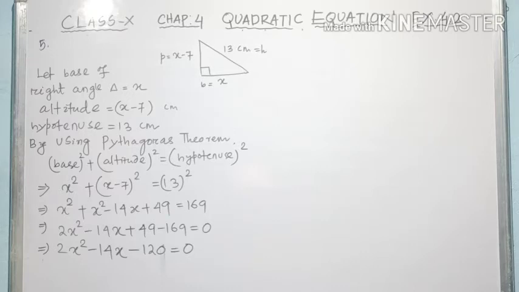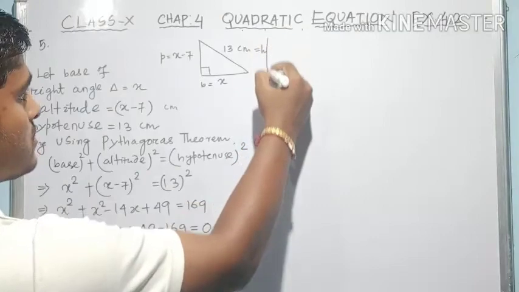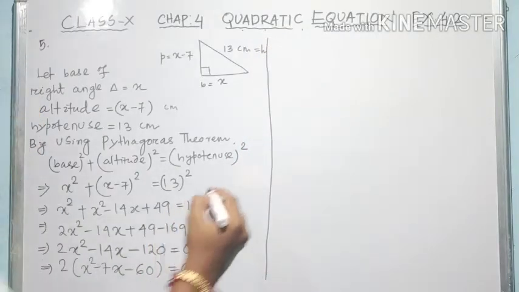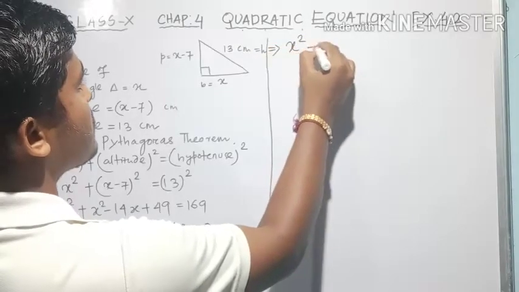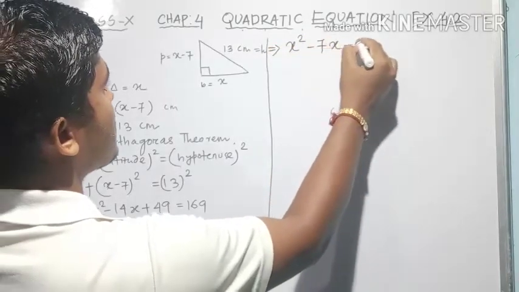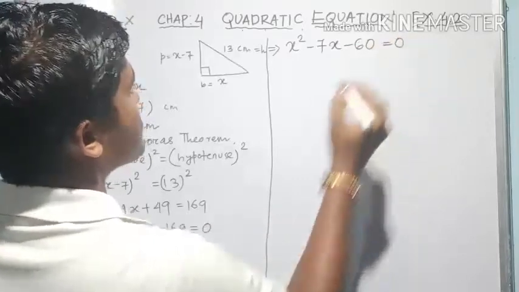So if you see, taking 2 common, x square minus 7x minus 60 is equal to 0. So the final equation we get is x square minus 7x minus 60 is equal to 0.